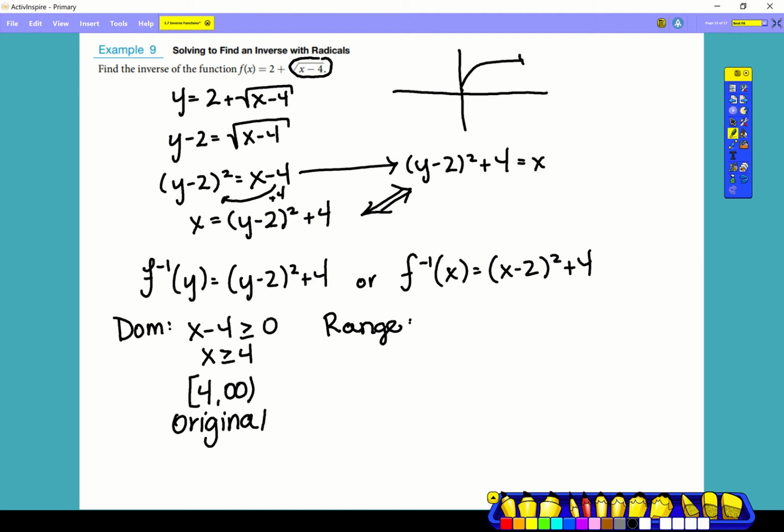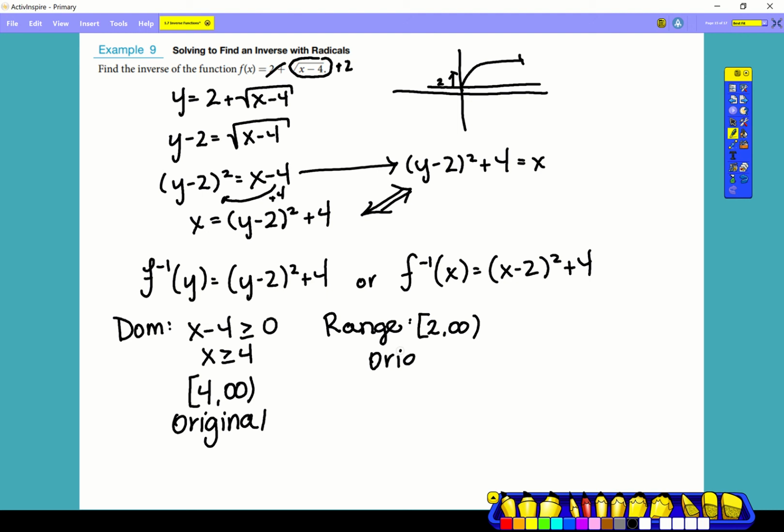This is equivalent to saying you could add the 2 at the end. That's okay too, so I'm going to go with that form. In terms of the range of this function, we're shifting it up 2, so it would cut off at 2. It would give us anything 2 or greater for our range.